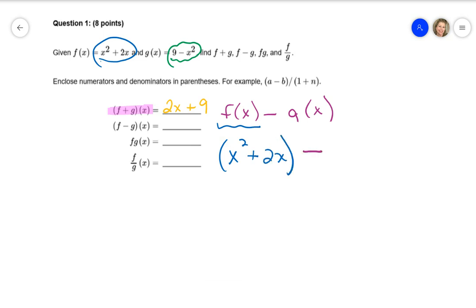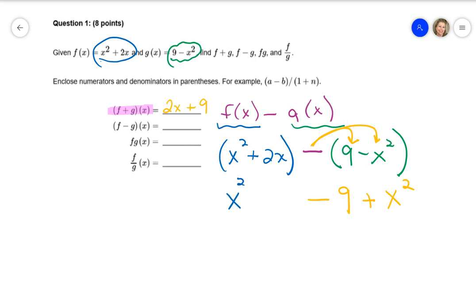But then you're going to subtract g of x, which is 9 minus x squared. So on this one, this subtraction sign gets distributed. So it's going to be a minus times a 9, which is a minus 9, and a minus times a minus, which changes that to a plus x squared.